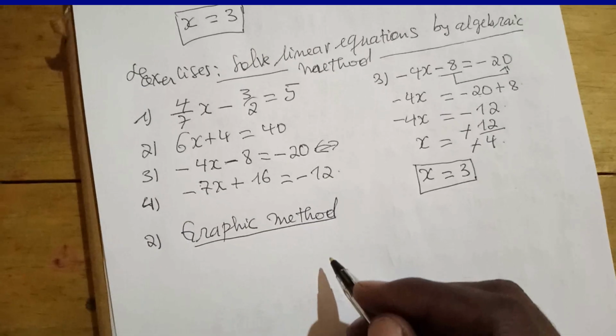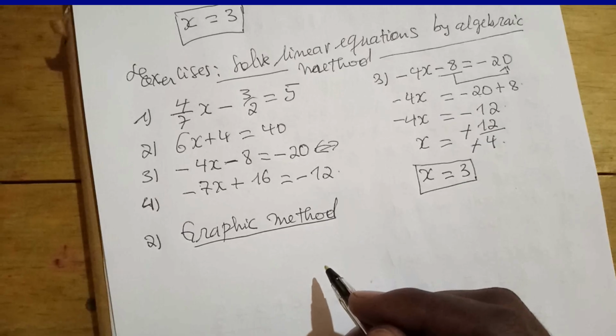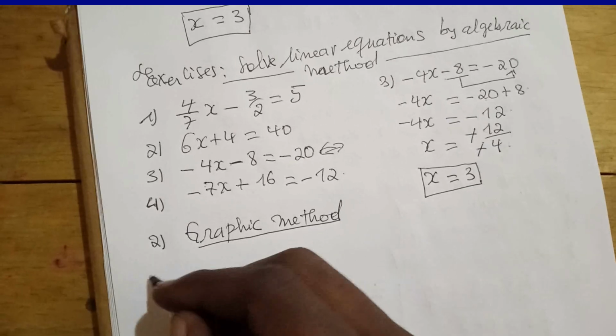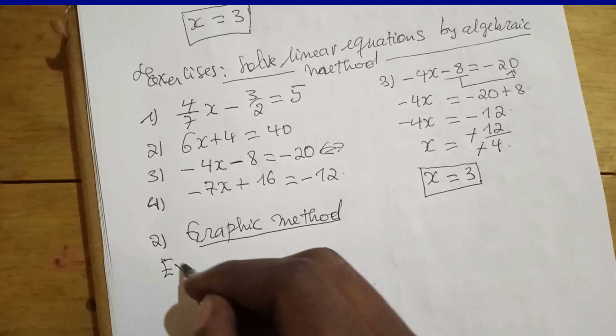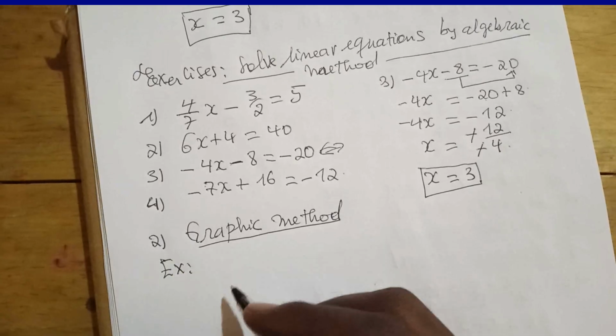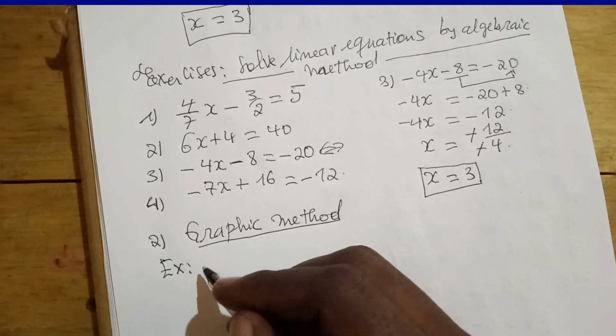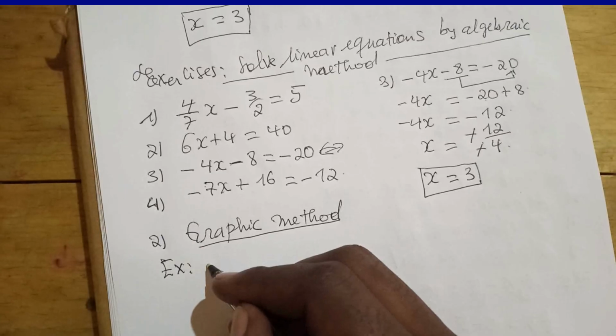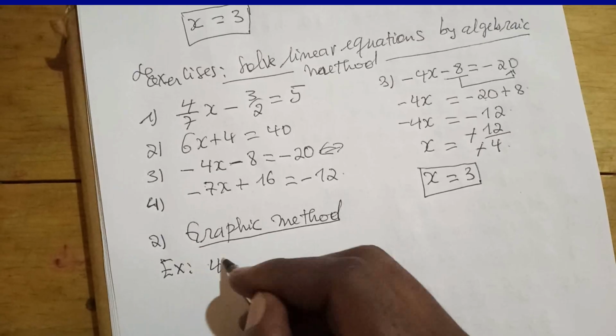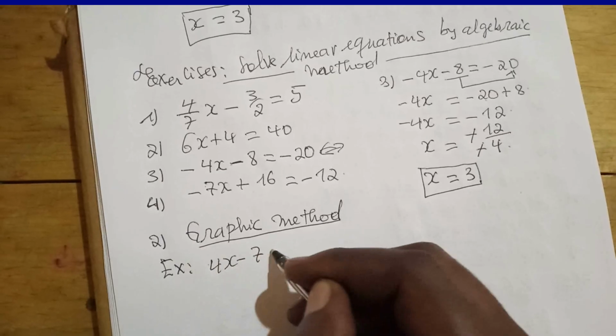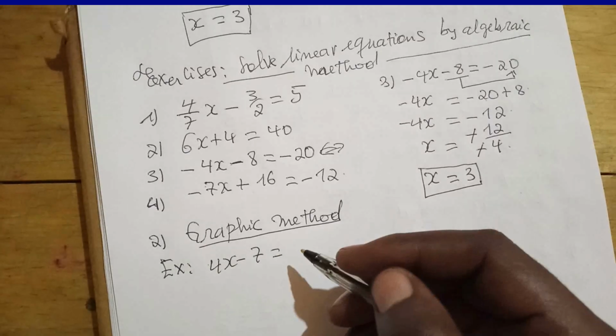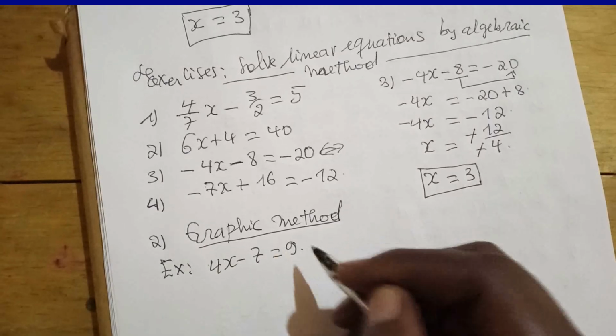Graphic method. Let us take an example. We have 4x minus 7, which is equal to, let us take, 9, for example.